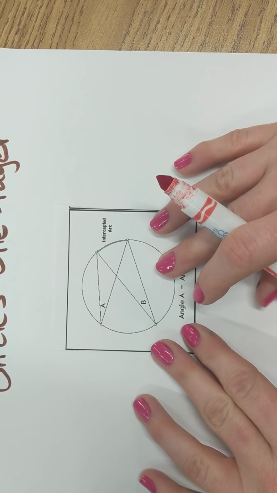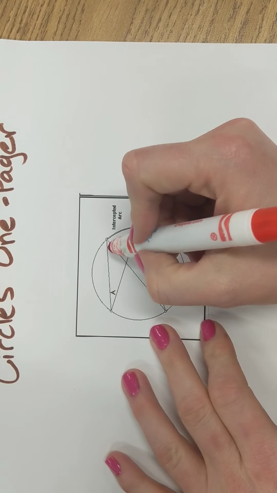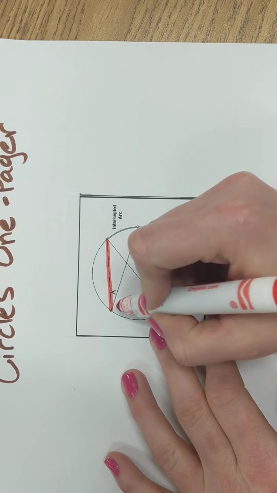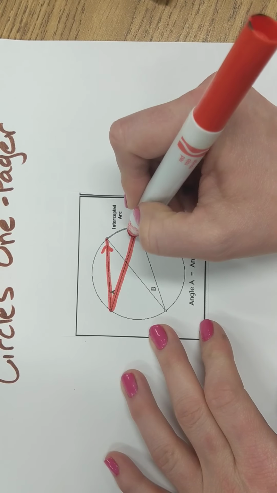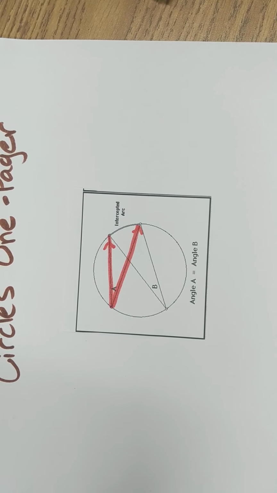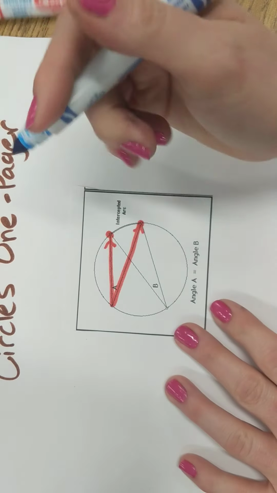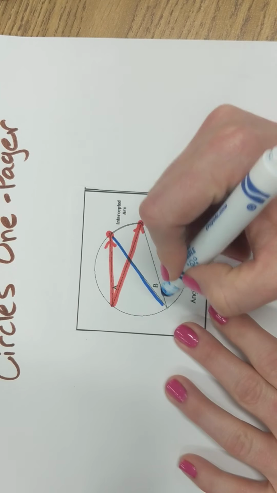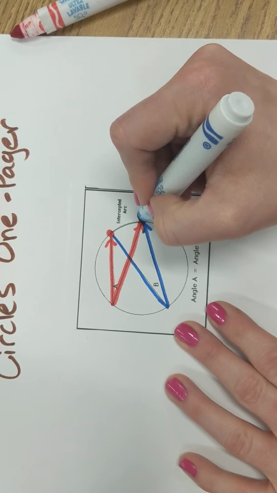The next one is here. It says angle A equals angle B. So you guys can see angle A right here is going to point at these 2 points on the circle, right here to right here. And angle B is going to point to those same 2 points.